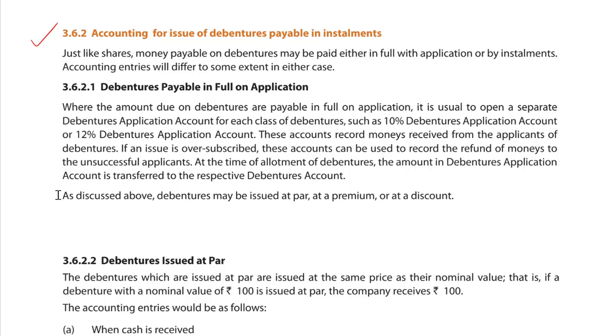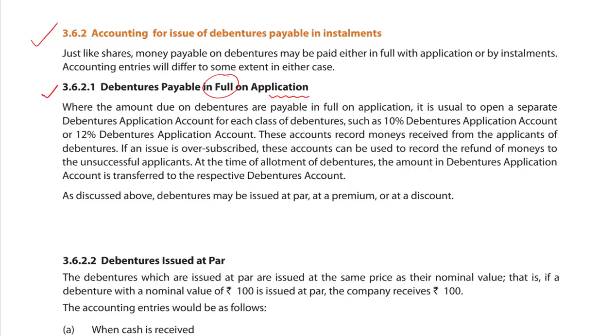Accounting for issue of debentures payable in installments. Just like shares, money payable on debenture may be paid either in full with application or by installments. Accounting entries will differ to some extent in either case. Debentures payable in full on application.